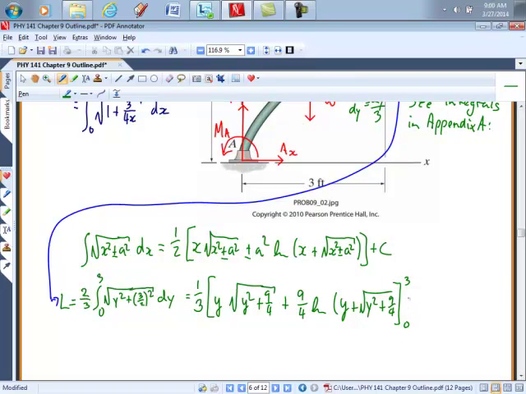Okay, and because we're evaluating between 0 and 3 then, that's going to be 1/3.